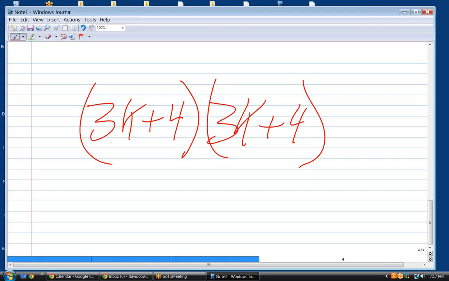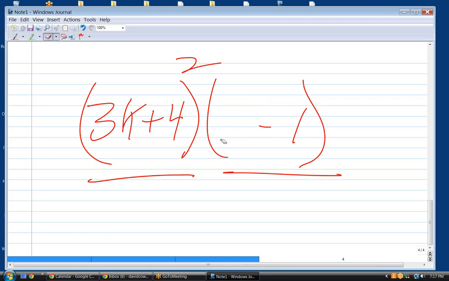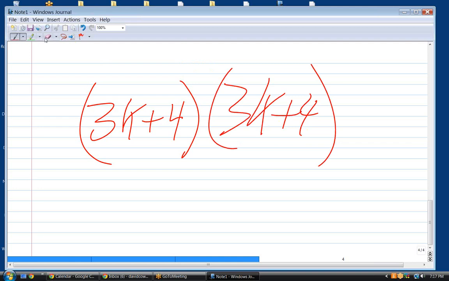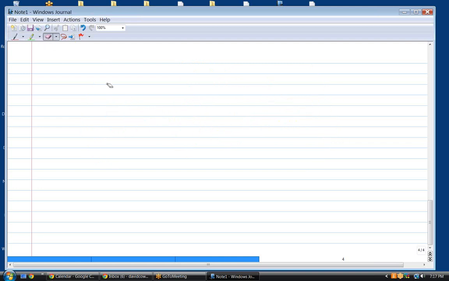I don't think you'd want to write it as 3k plus 4 quantity squared. They'd probably accept it, but when you're factoring something, they want it separated. And when you do that, you're kind of putting it back together again almost. I mean, you're not multiplying it out, but you know what I'm saying? They would rather see it like this. Okay. That's my feeling. I might be wrong. Your teacher might not object to that at all, but I suspect that they might.